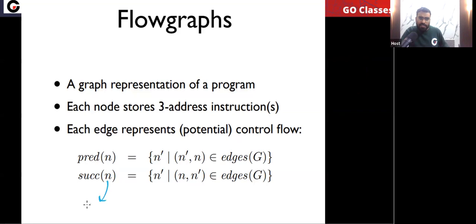Here N is the basic block. The successor of a basic block N will be those basic blocks such that from N there is an edge to them, and the predecessor of N will be those basic blocks from which there is an edge to N. Okay, understood?